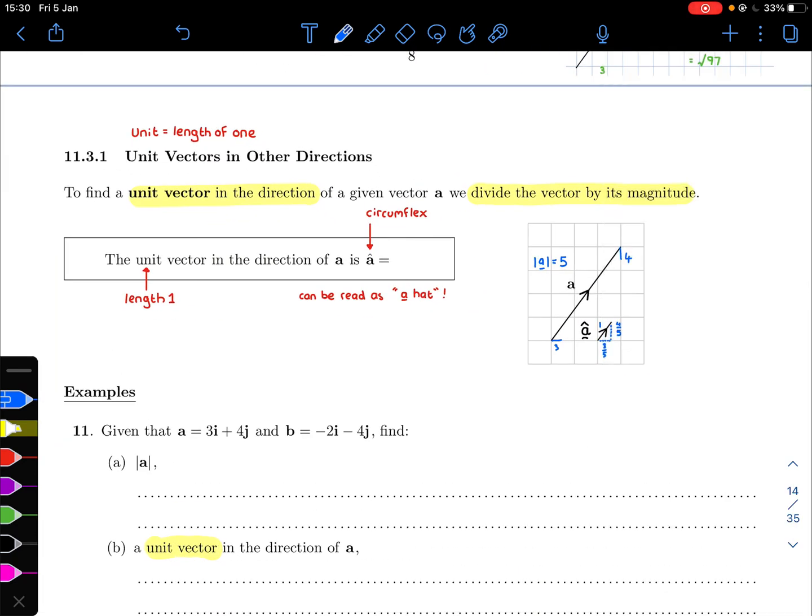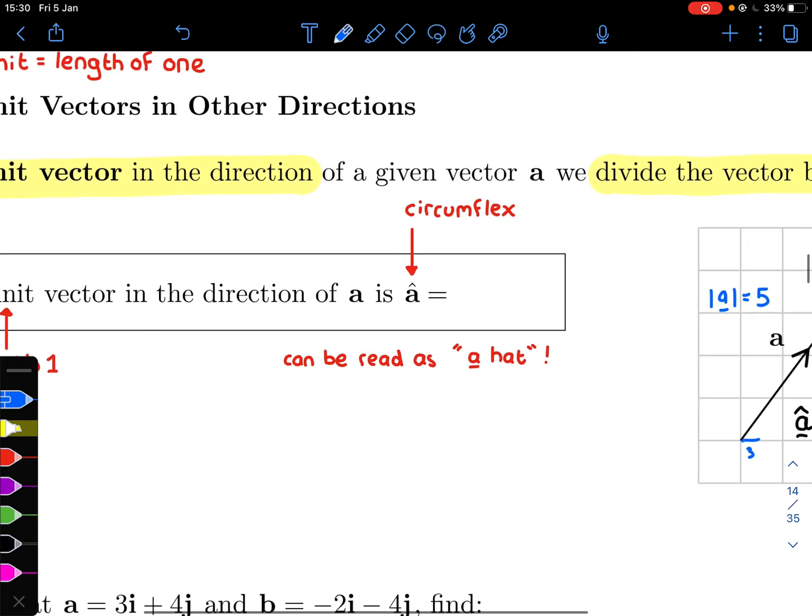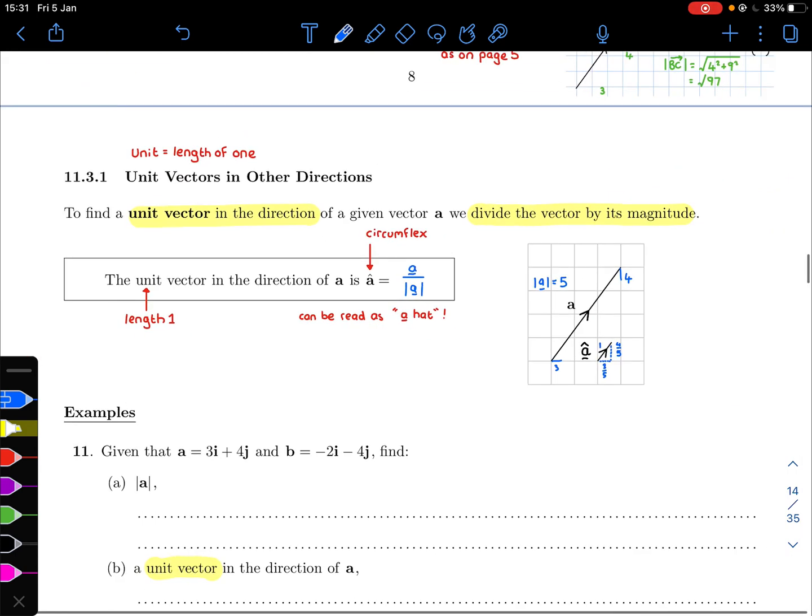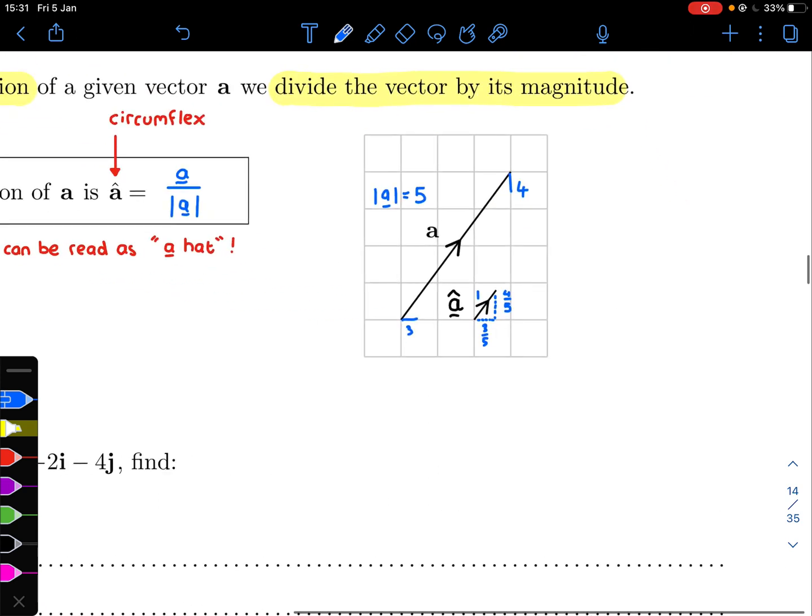The unit vector in the direction of A is A hat. It's the vector A divided by its magnitude. So the one in the diagram was 3i plus 4j.